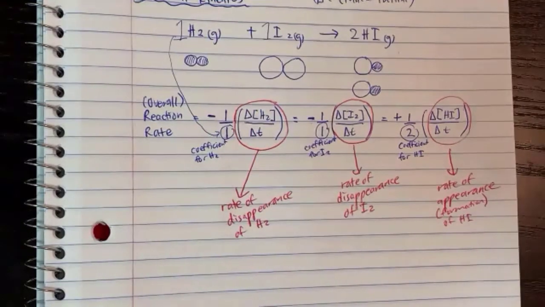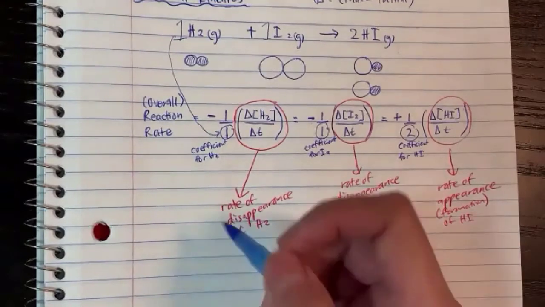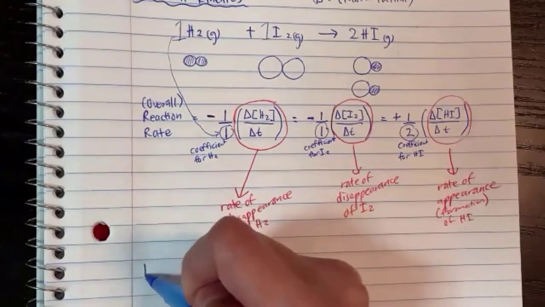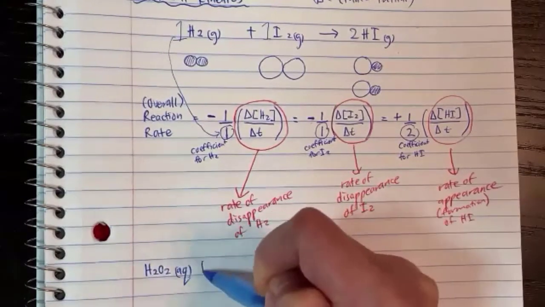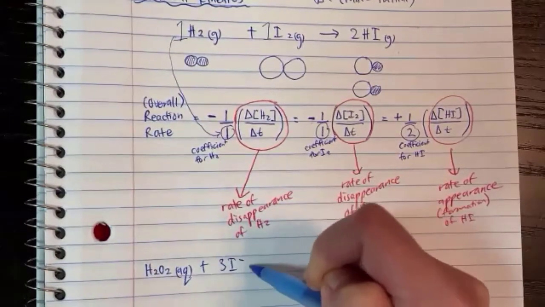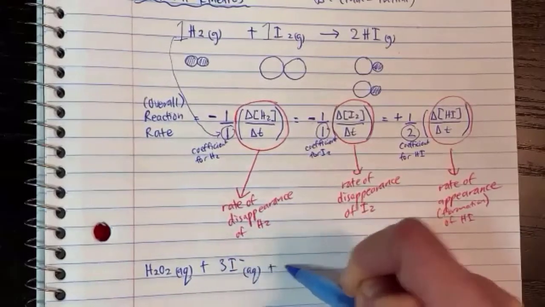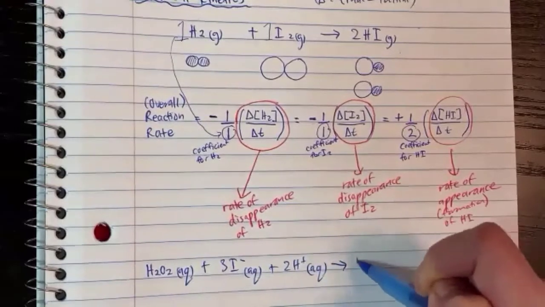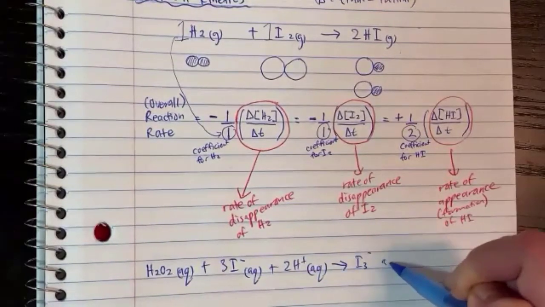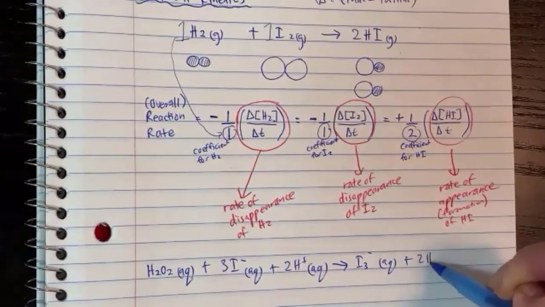All right, so let's try a question here. Here's my equation: H2O2 plus 3I negative plus 2H plus goes to I3 negative aqueous plus 2H2O.